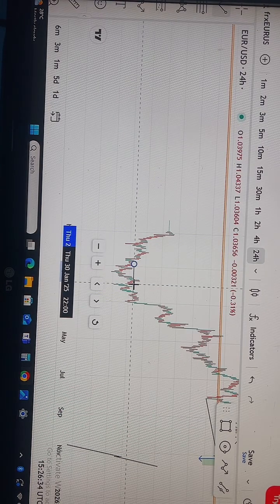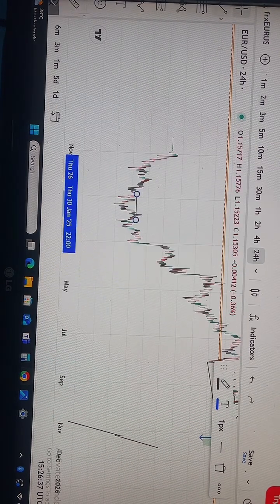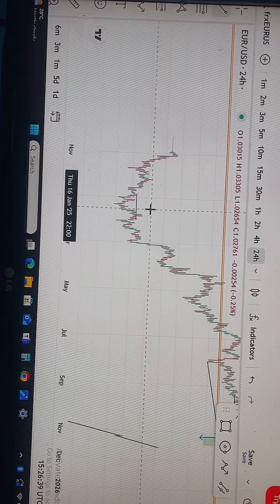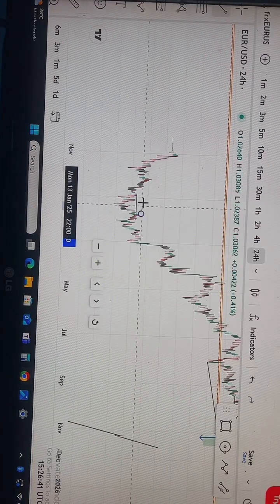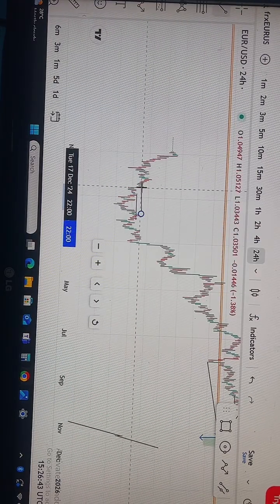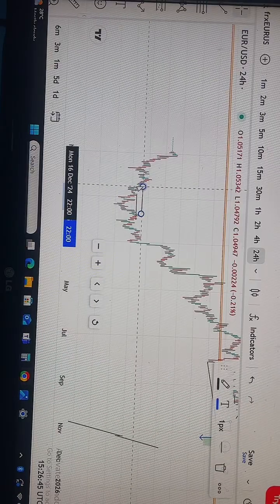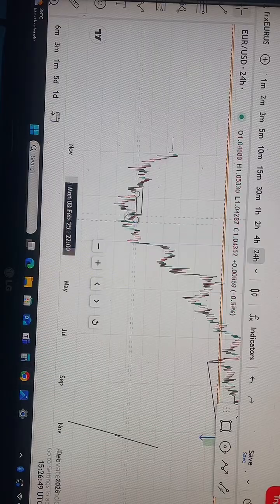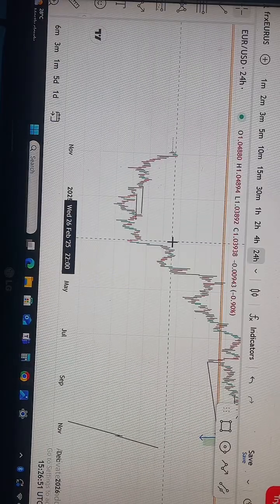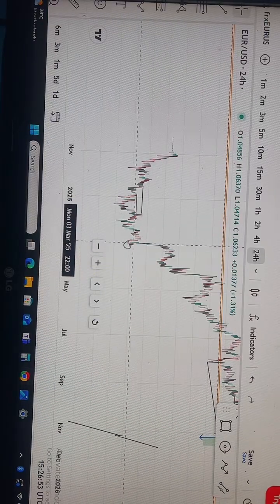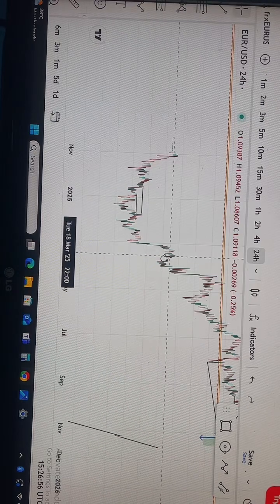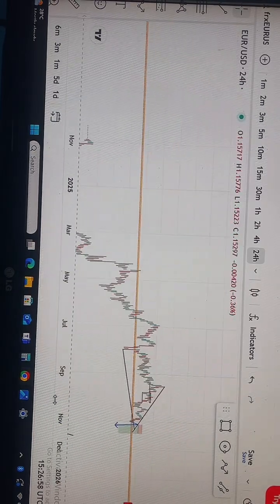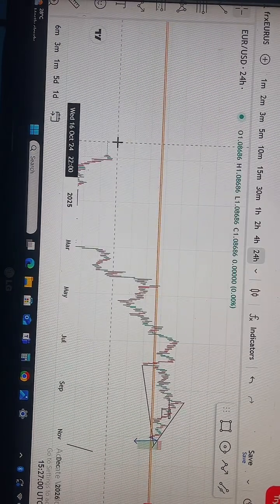It has taken out this previous high, telling us there is now a bullish change of character to the upside. Then we started having higher highs, higher lows, higher highs and higher lows. Then it broke this structure.